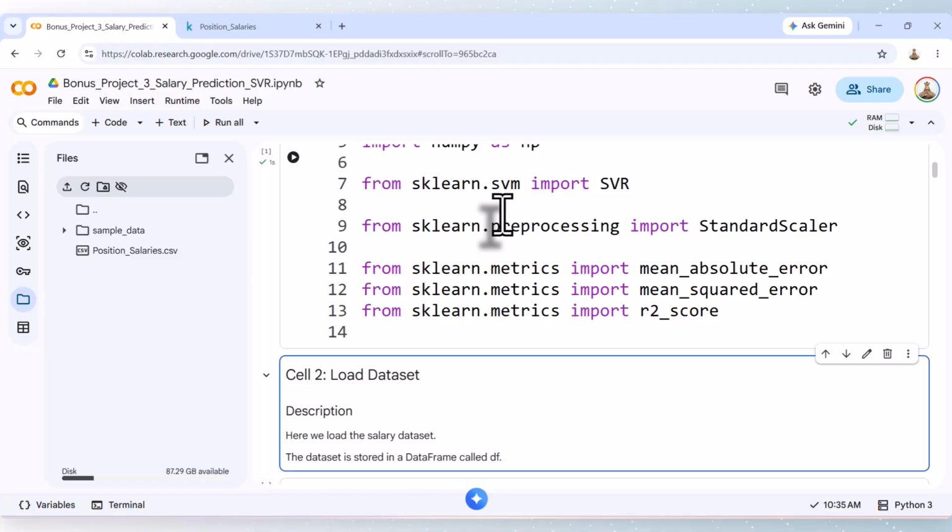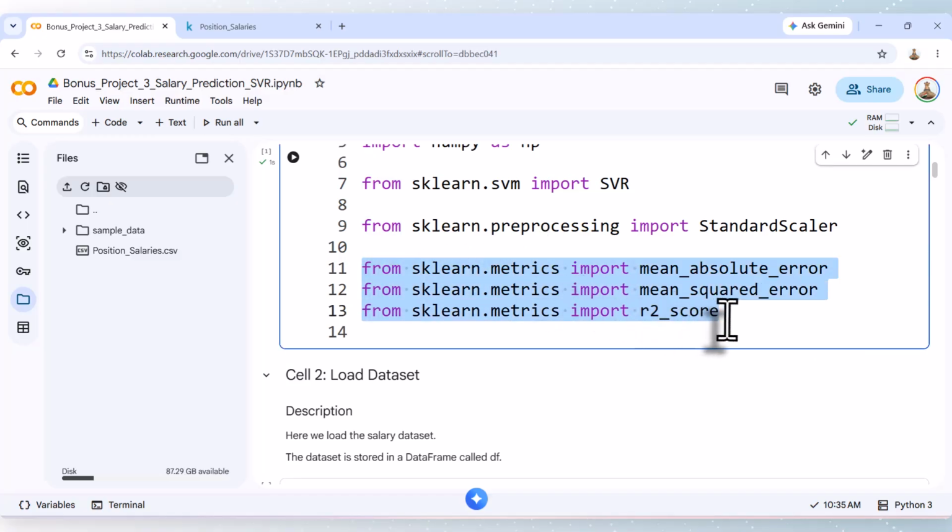From sklearn we are going to import the StandardScaler, which is useful for feature scaling. And finally, we are importing the evaluation metrics, mean absolute error, mean squared error, and R2 score for evaluating the model.